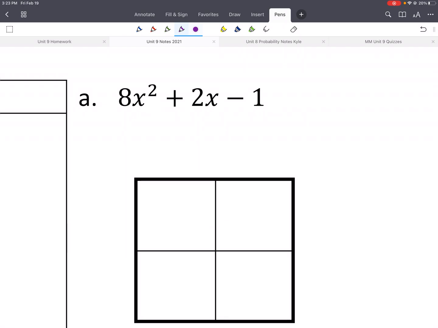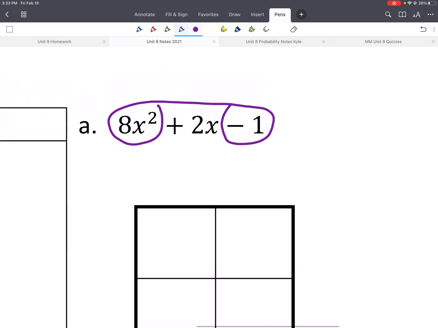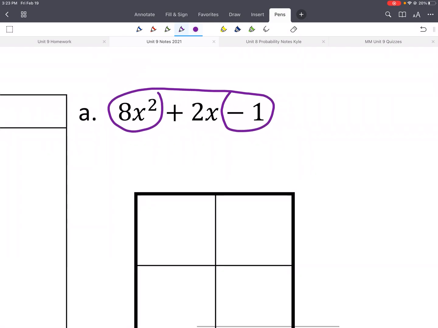but what we're going to do is multiply our first and last term. Oftentimes I will just call this glasses because it looks like those cool aviator glasses. So we want to multiply the first and last term, more specifically, the term that has the x squared and the constant.